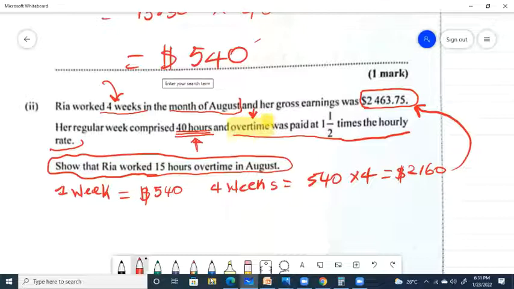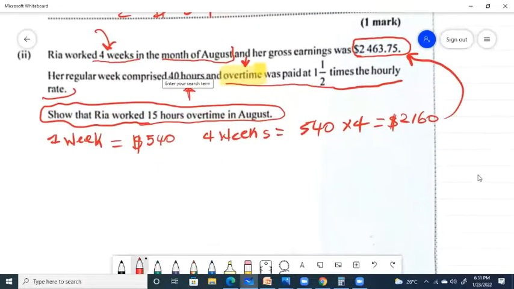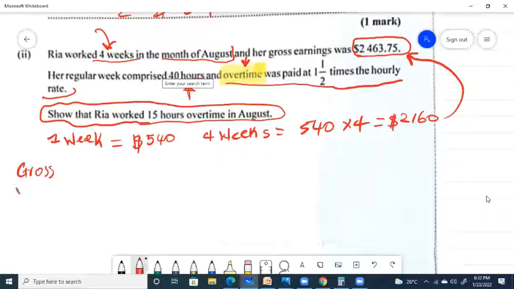So what you want to do now is to split our regular money from the gross money. So look at this idea. I'm writing some formulas. I'm not rushing anything. I want you to see and understand how to approach these questions, so I'm taking it the long way. Basically, what I'm saying is this: her gross salary. And when we talk about gross, we're talking about when everything comes together.